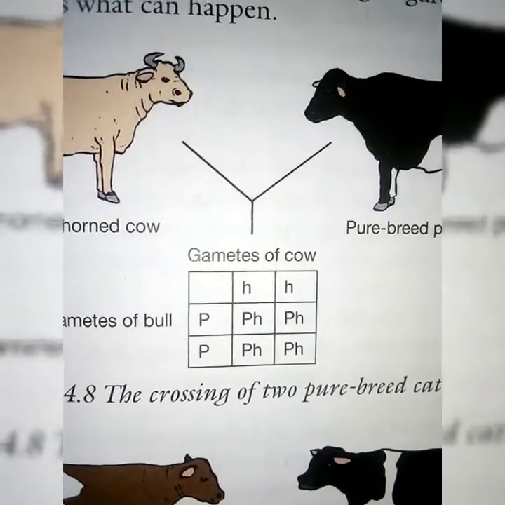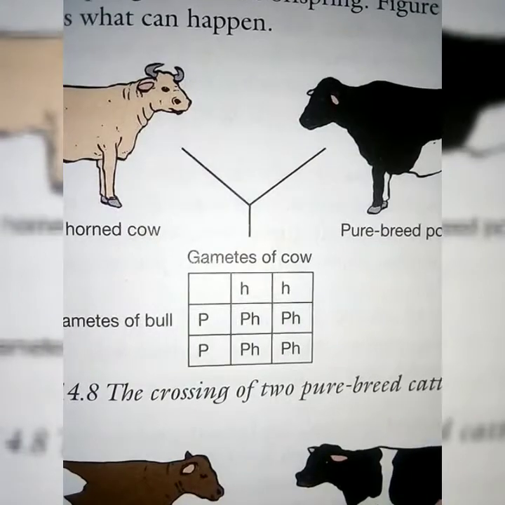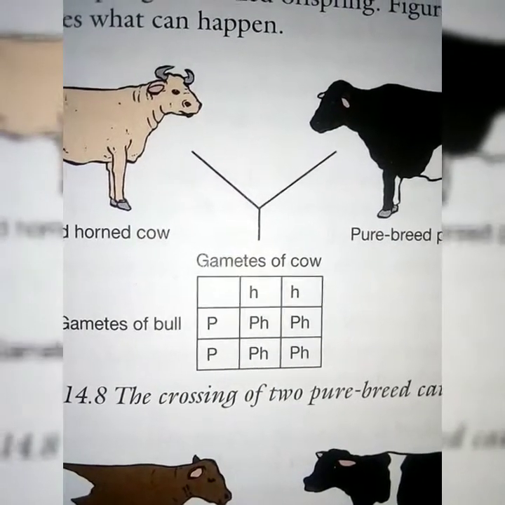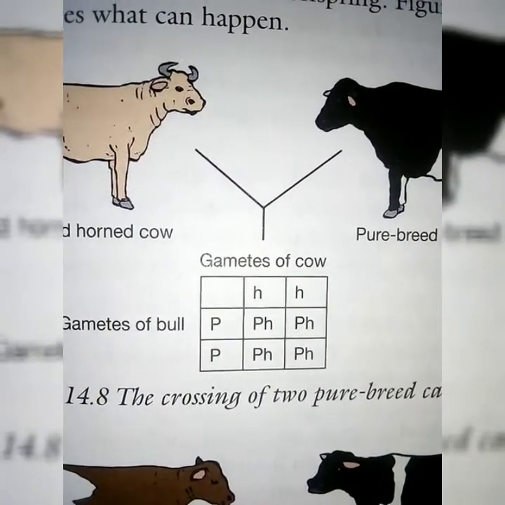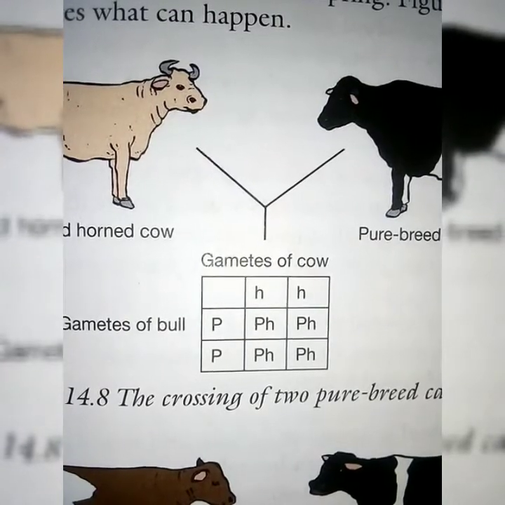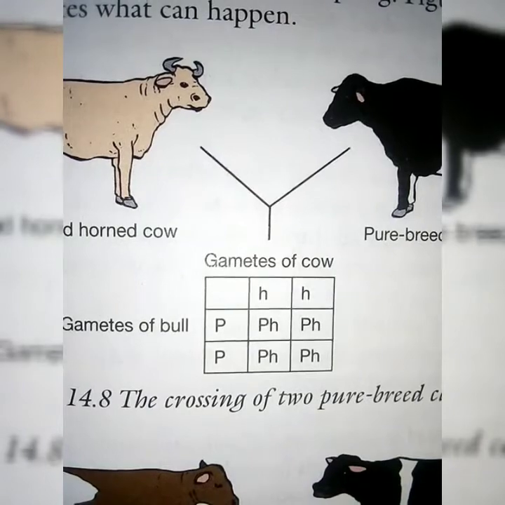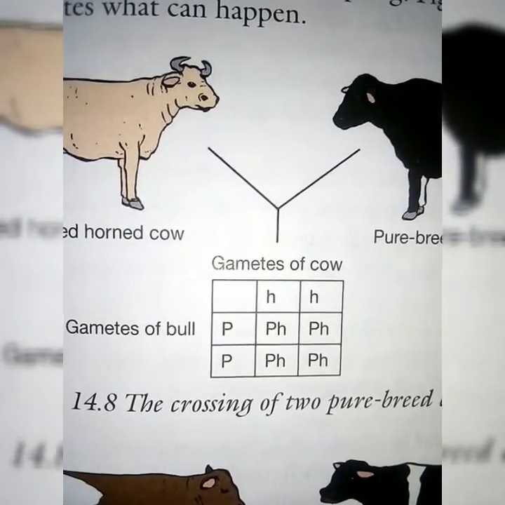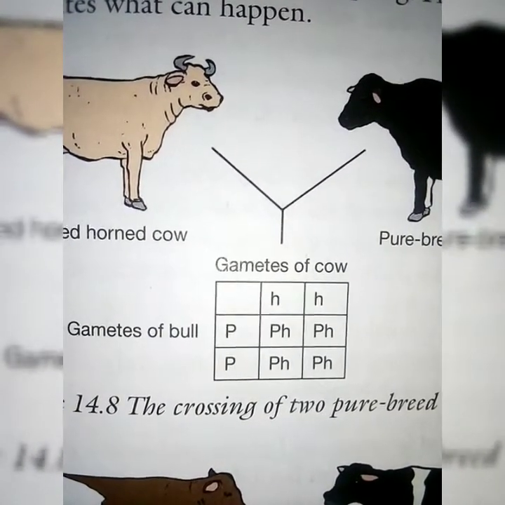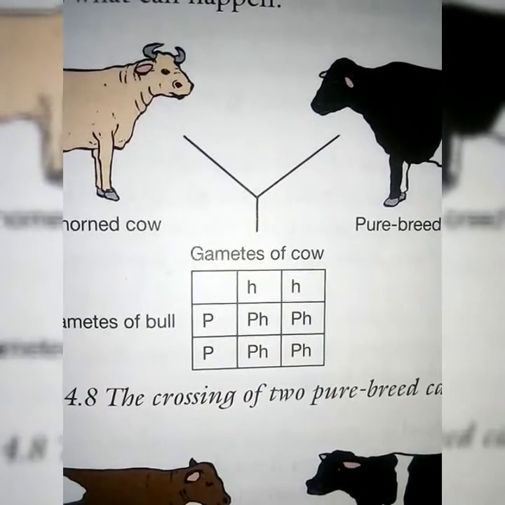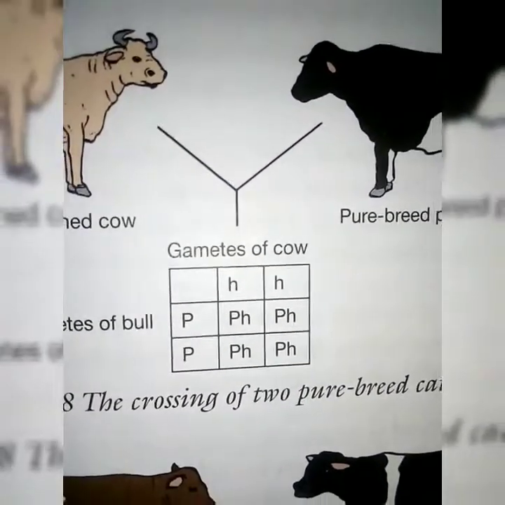So they want to keep pawed animals to avoid such problems. Even in terms of transportation, the space in the vehicles transporting the animals can be increased if you have pawed animals. So all those are some of the advantages of keeping pawed animals.